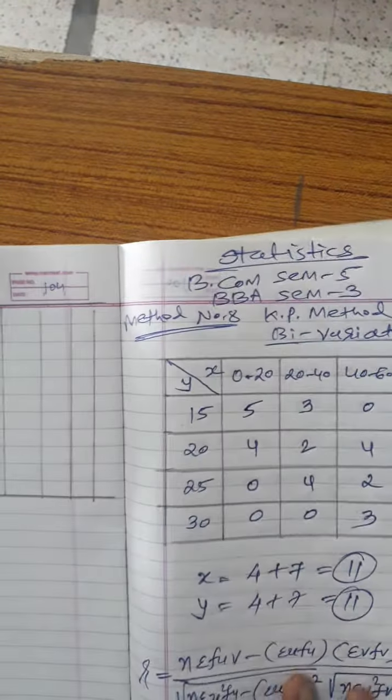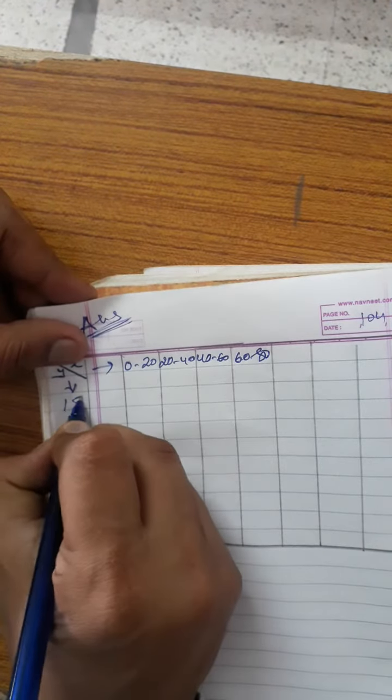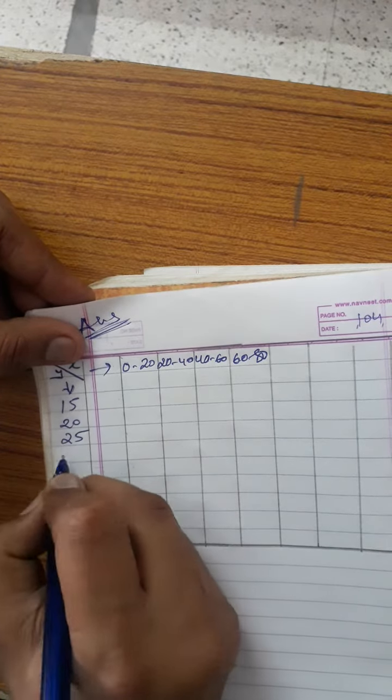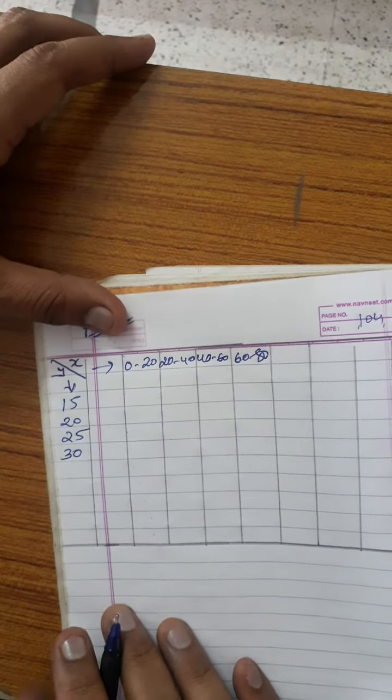And in the Y, 15, 20, 25 and 30, so here we write 15, 20, 25 and 30.